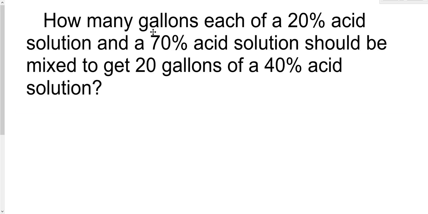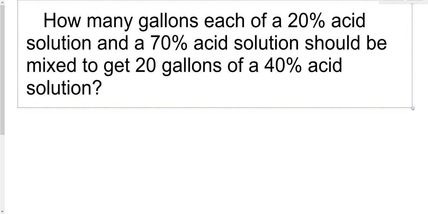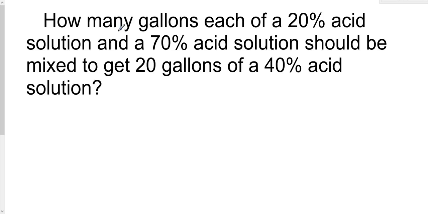So we have here: how many gallons of each of a 20% acid solution and a 70% acid solution should be mixed to get 20 gallons of a 40% acid solution? So basically, we have acid diluted with water.